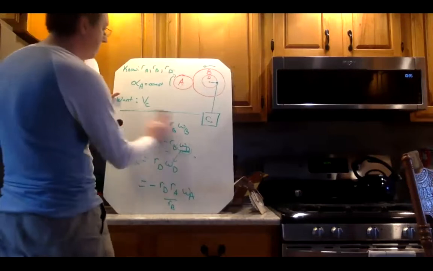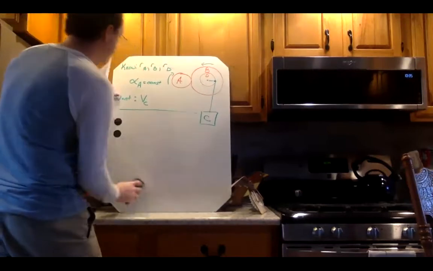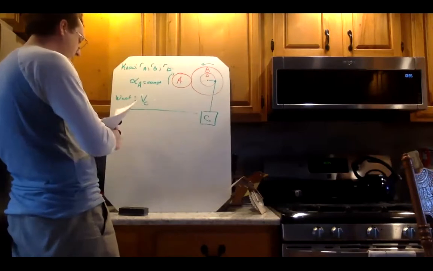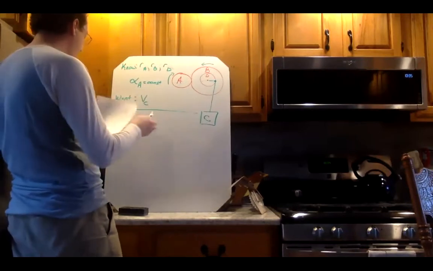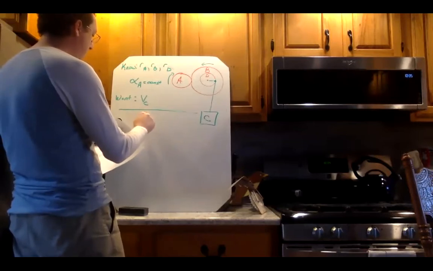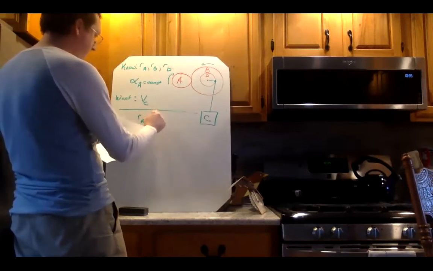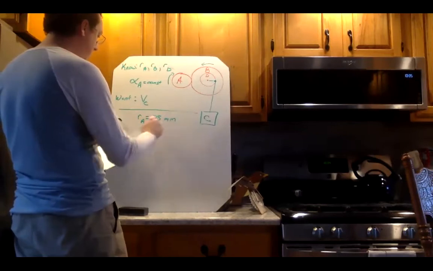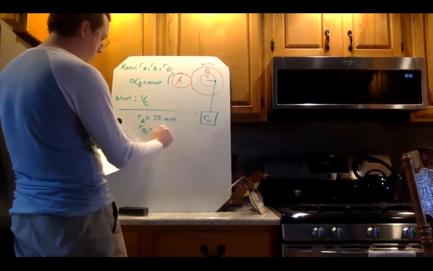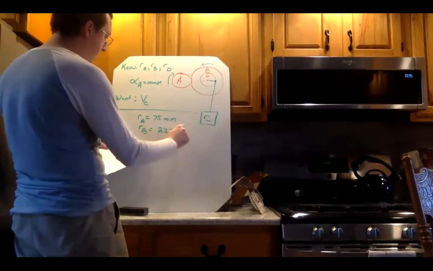So I have to solve this equation. I've got numbers here for all the things. RA is 75 millimeters. RB is 225 millimeters.